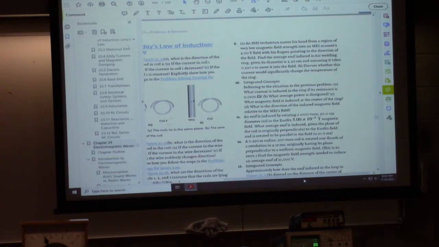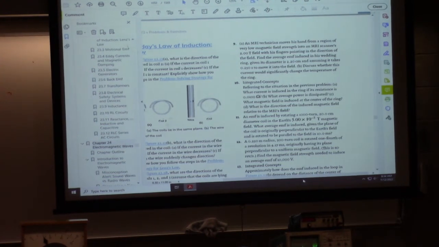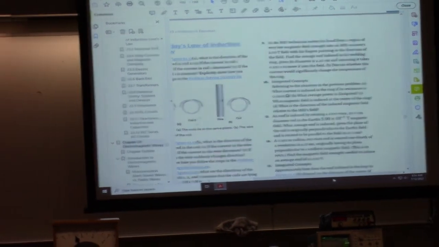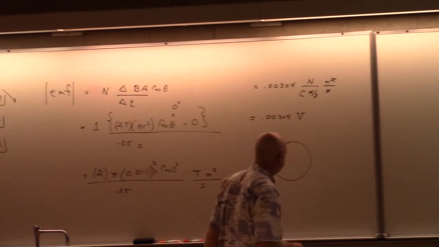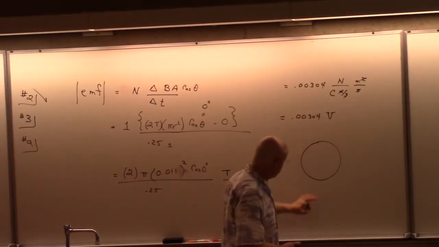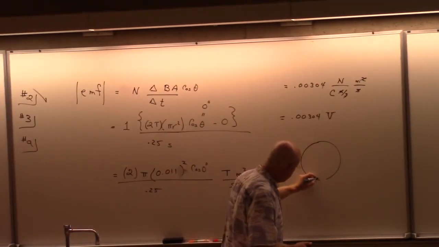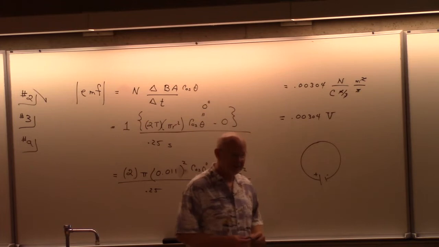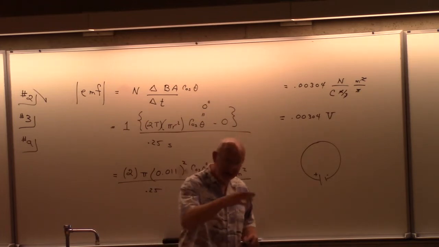So what essentially, if I could maybe draw a picture here, is we have now a ring, a wedding ring if you will, and it's kind of like there's a miniature battery in it. That's our EMF, right? This is how we started the chapter.